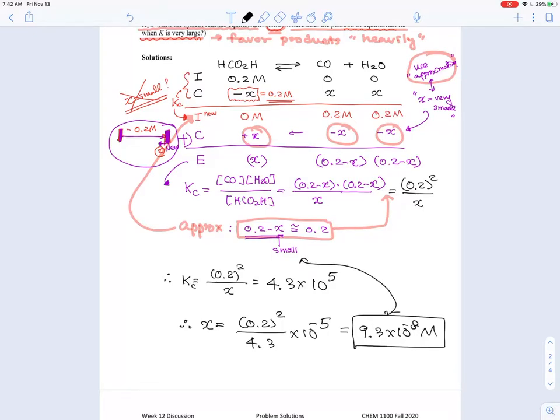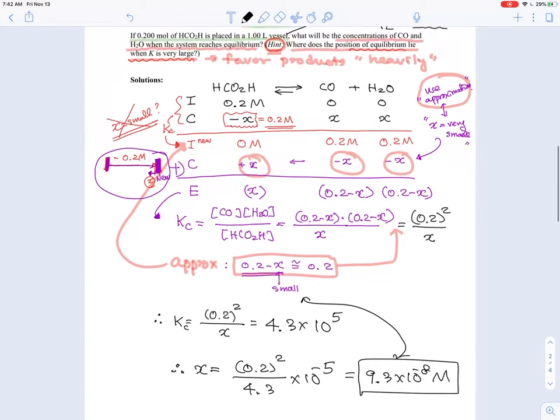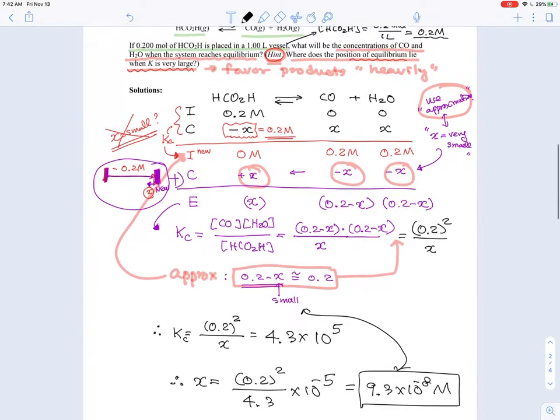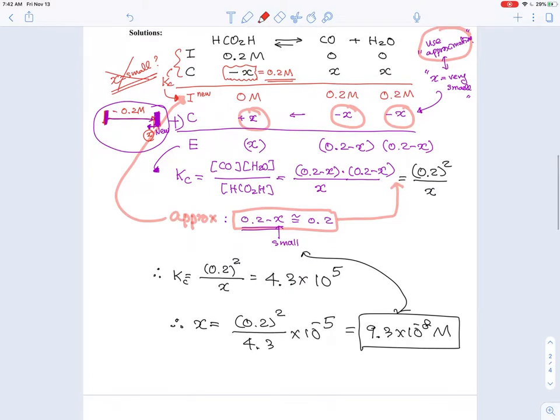Okay, so far we have a complete understanding, and we can answer any questions here, but let's go back to what the question was: the concentration of CO and the concentration of H2O, which is 0.2 minus x.